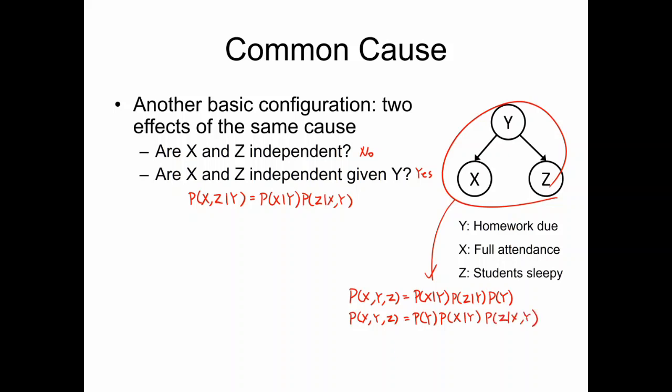So from here, we know that the probability of z given y is the same as the probability of z given x and y. So again, this thing becomes probability of x given y, the probability of z given y.